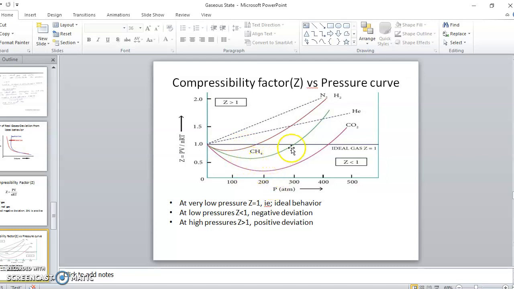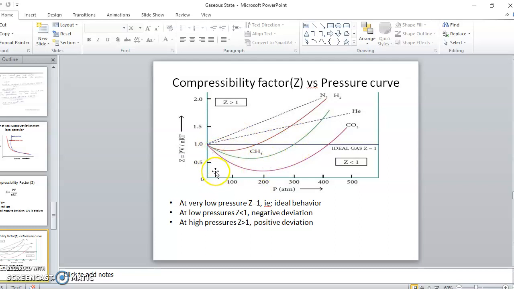Then as the pressure goes on increasing, it shows positive deviation. So most of the gases behave in this way. Here carbon dioxide, methane, nitrogen are examples. All these are real gases, of course helium, hydrogen, etc. So most of the real gases behave in this way.